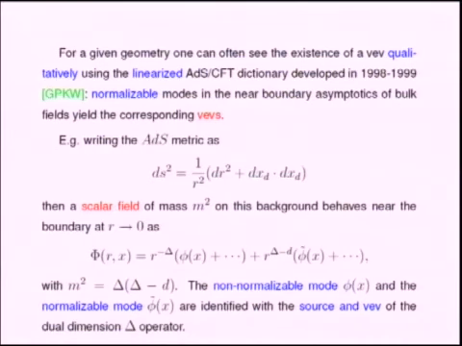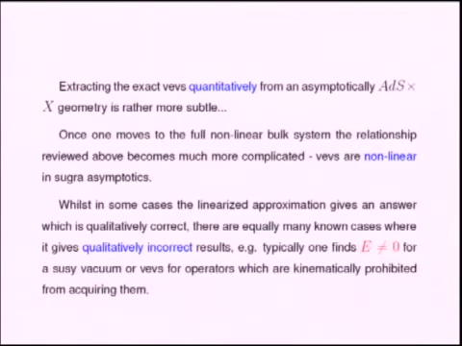So then, according to the dictionary of 10 years ago, this non-normalizable mode is related to the source of the dual operator, and the normalizable mode is related to the VEV of the dual operator. So basically, this part of the dictionary was set up 10 years ago. However, actually extracting the VEVs quantitatively from an asymptotically anti-de Sitter cross-X geometry is a lot more subtle.